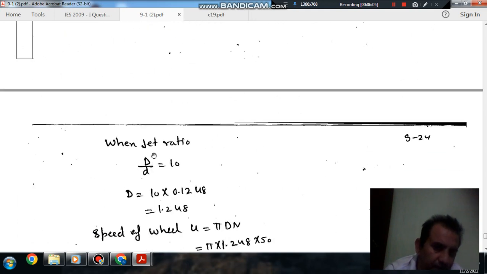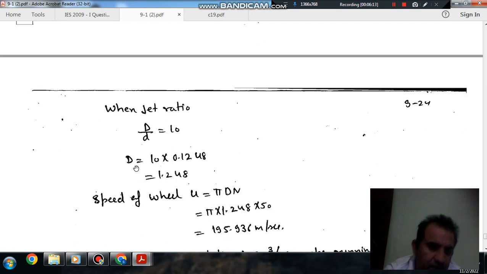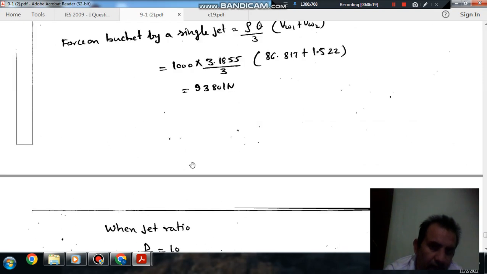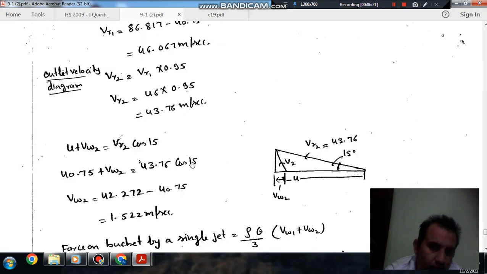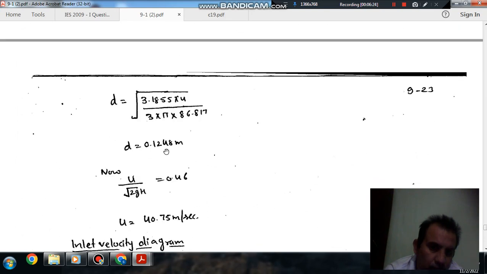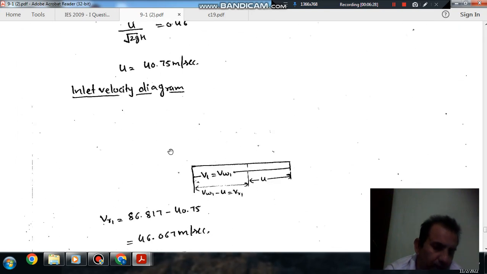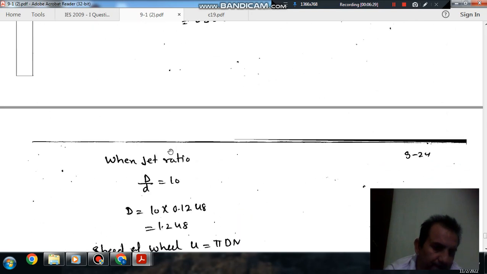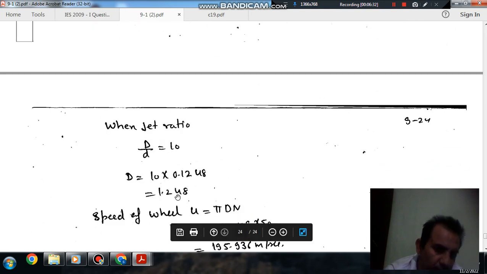And as the jet ratio is 10, so D by d, capital D diameter of Pelton wheel and small d diameter of jet. So diameter of Pelton wheel will be 10 into small d, and small d is 0.1248, so capital D will be 1.248 meter.